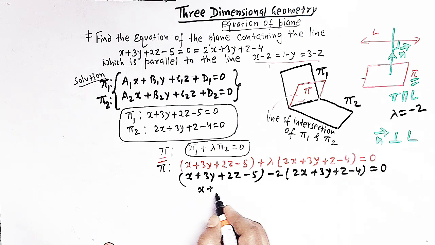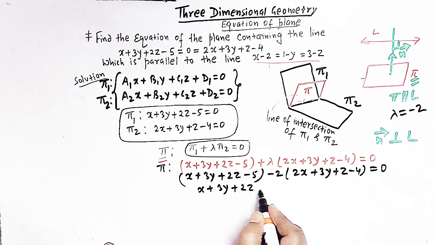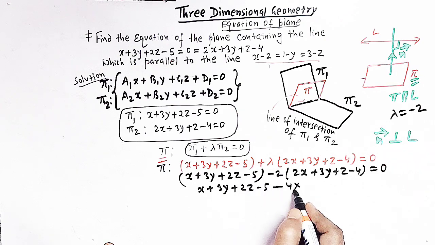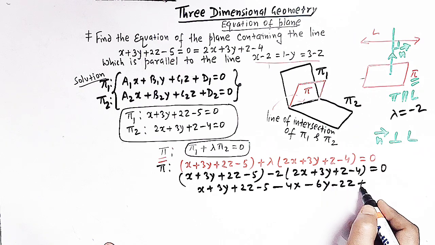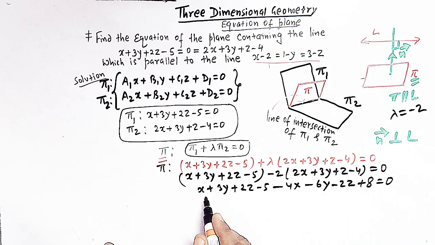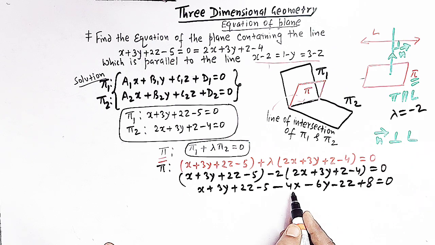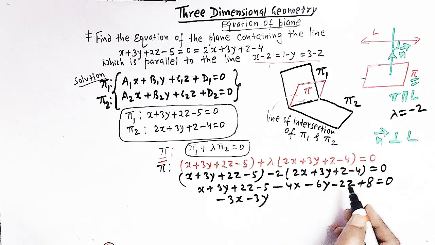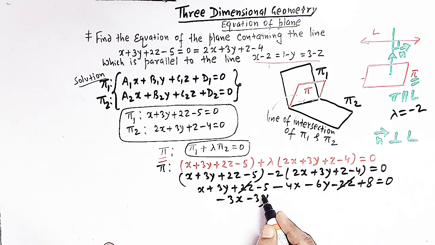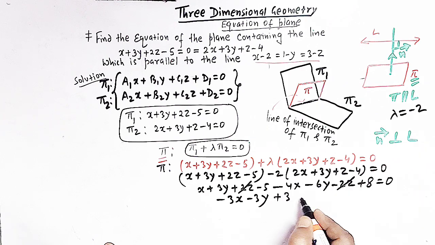So we have x plus 3y plus 2z minus 5 minus 4x minus 6y minus 2z plus 8 is equal to 0. So x minus 4x is minus 3x, and 3y minus 6y is minus 3y, and then 2z and minus 2z get cancelled, and here we have minus 5 plus 8 is 3.